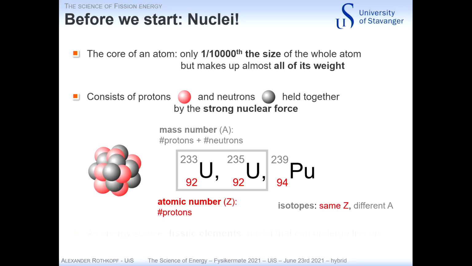What we're going to do is try to make use of the energy that is stored in these heavy elements through the process of fission, and therefore we need certain elements that can undergo fission, and these we call fissile elements, and this is why I selected those few here.